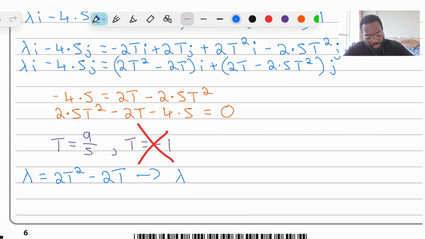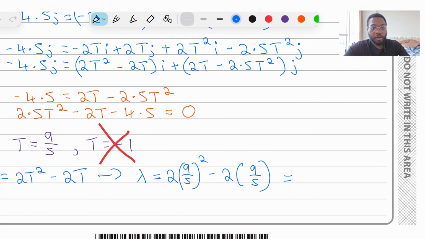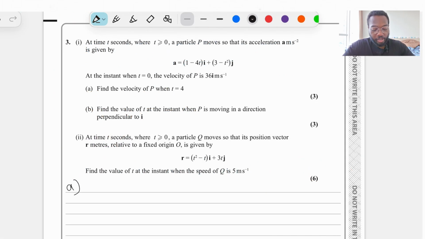Therefore, lambda is equal to 2 times 9/5 squared, minus 2 times 9/5. You put that all into your calculator, and what do you get? You get, as a fraction, 72/25, or as a decimal, you get 2.88.